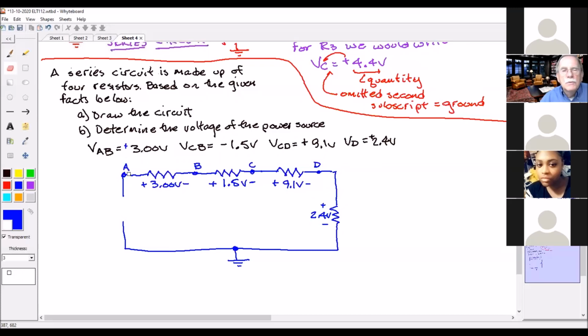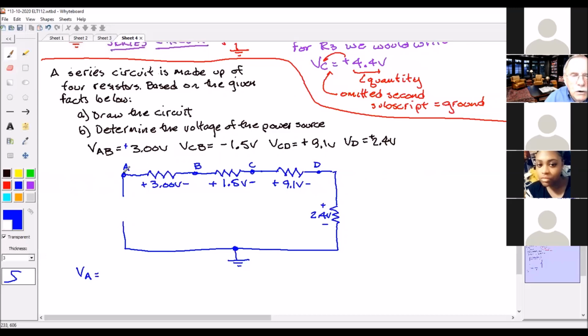Yeah, remember we said the rule for the series circuit was that the individual voltages should add up to the supply voltage. So the easiest way to do that is I want to go from A to ground, right? If I went from here to ground, I would have VA, and that's what I'm looking for.